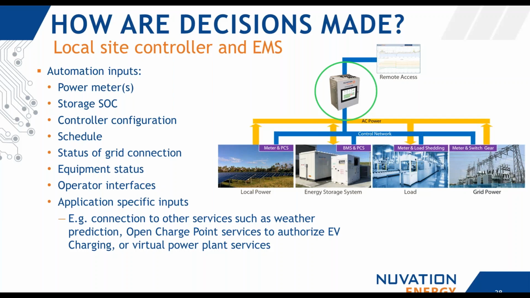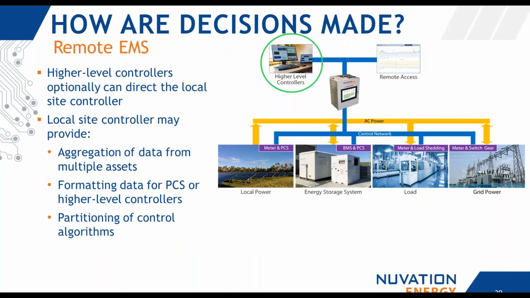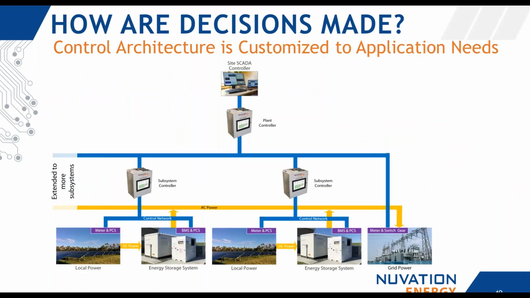But sometimes a site may have layered control where an upper level control system makes the decisions on what's happening with the EMS. And maybe they get information from external systems or wherever they might need to get the information from. We set up our controllers for the application.